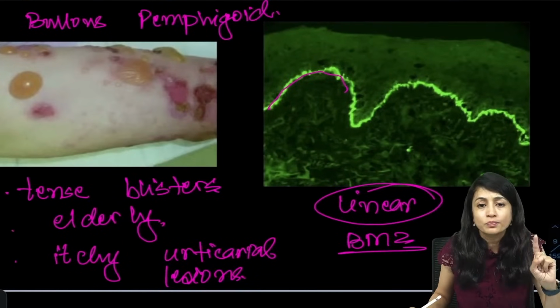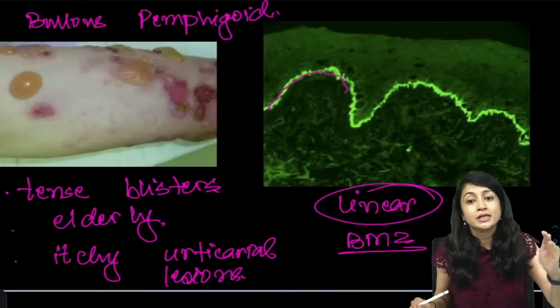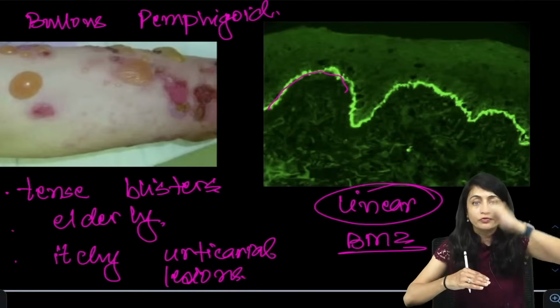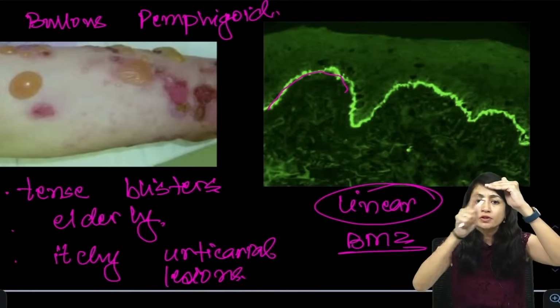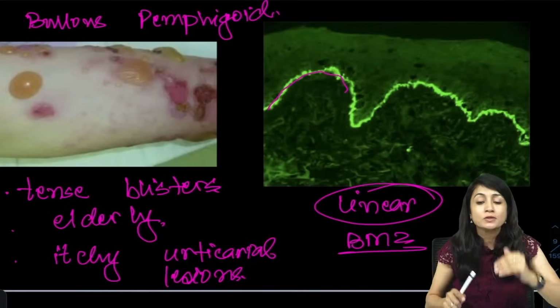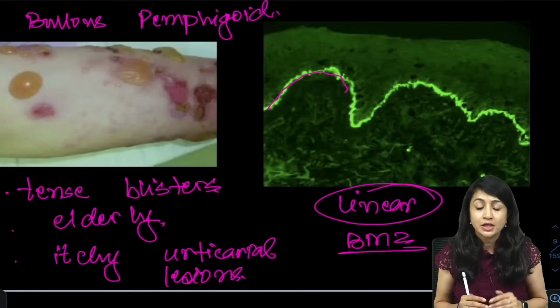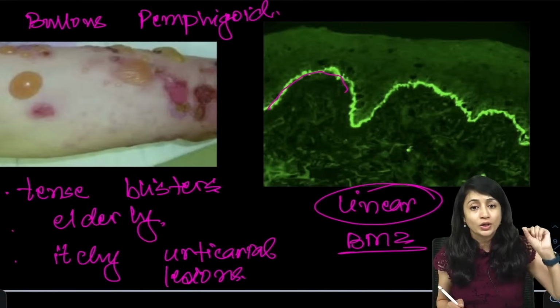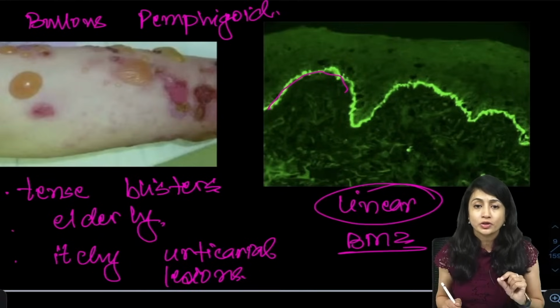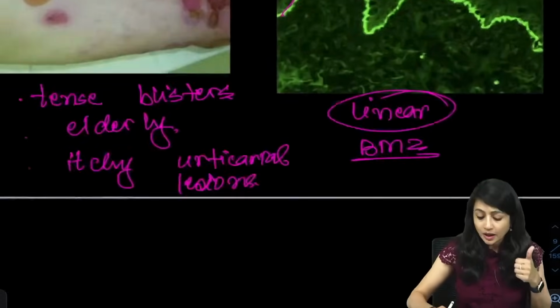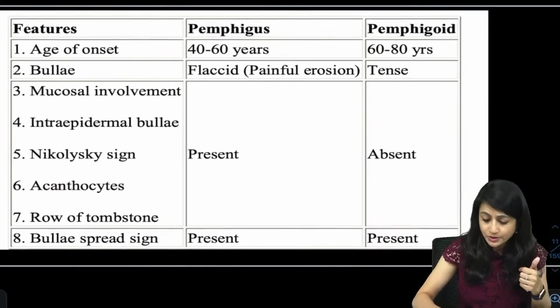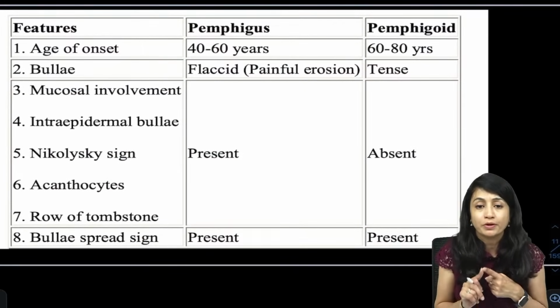If you do a histopathology, here you will see a subepidermal blister. Whole of the epidermis will be above, dermis will be below, and there will be an empty space between epidermis and dermis. But the very classical thing is doing a DIF where you see linear fluorescence. Clear?